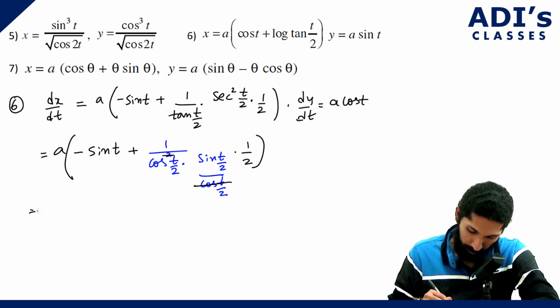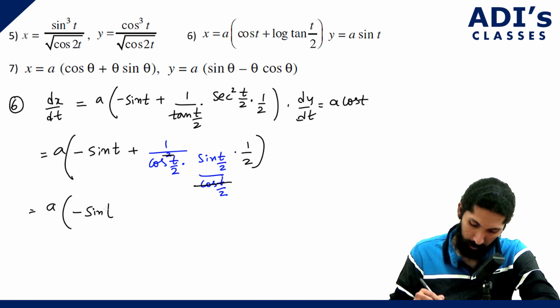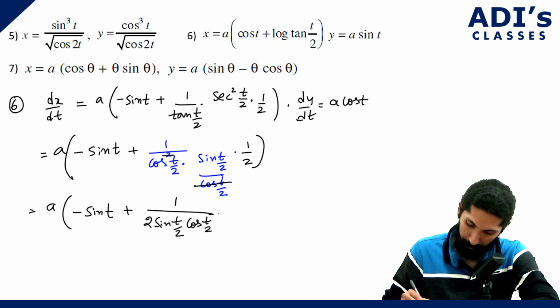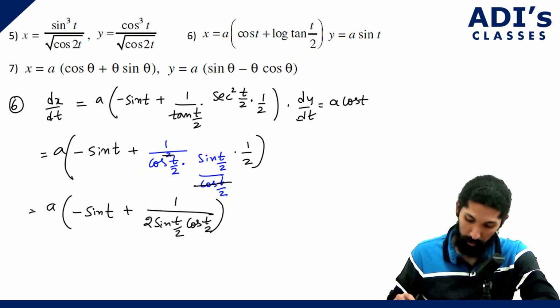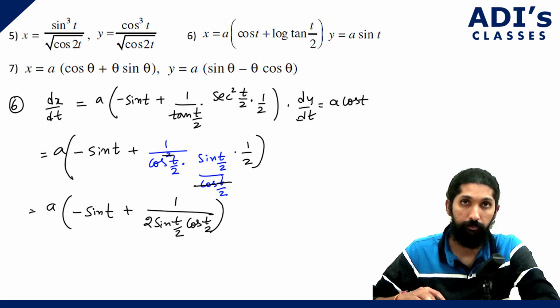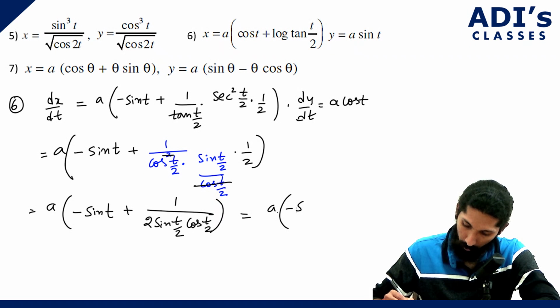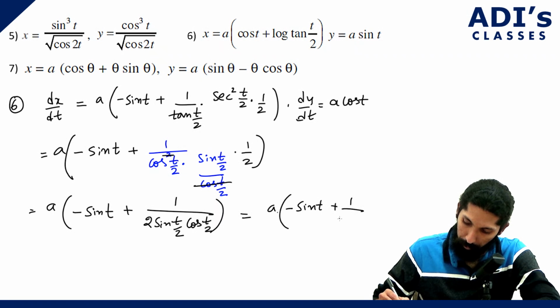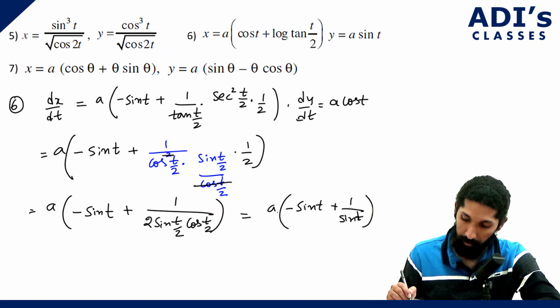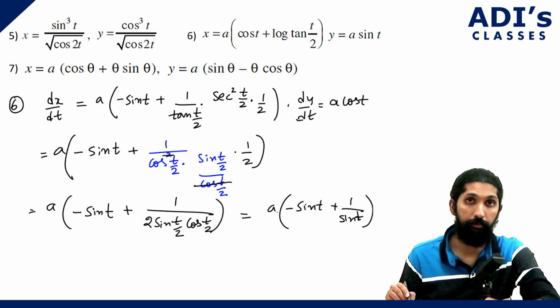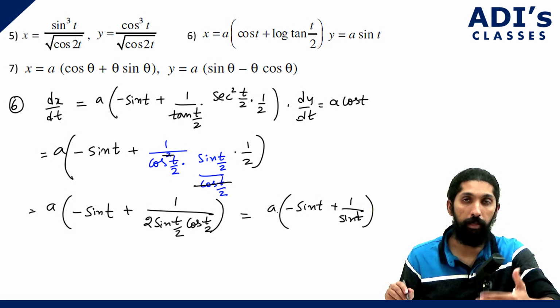So you have a into minus sine t plus 1 by 2 sine t by 2 cos t by 2, isn't it? Now 2 sine t by 2 cos t by 2 is what? Sine t, right? So you have this as a into minus sine t plus 1 by sine t. Take the LCM, you'll get minus sine square t plus 1, which is cos square t. So cos square t divided by sine t.